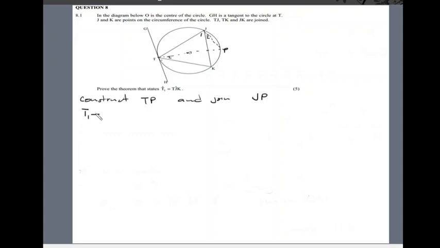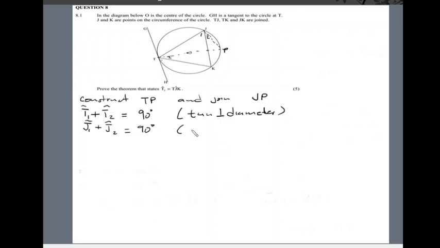And then after I'll say T1 plus T2, angle T1 plus T2 is equal to 90 degrees, reason: tangent perpendicular to radius or diameter, right? Tangent perpendicular to diameter, right? And then I have this as 90 degrees. I also have J1, angle J1 plus J2 is equal to 90 degrees.